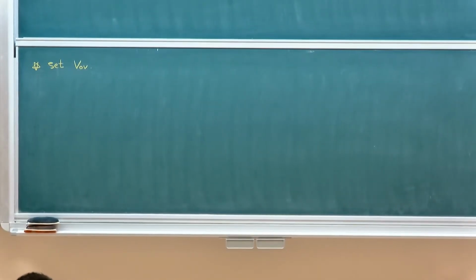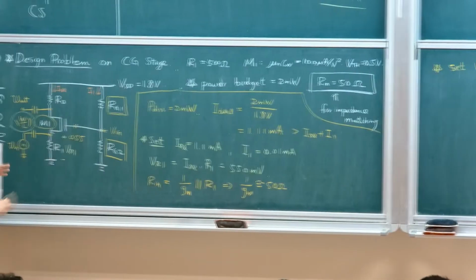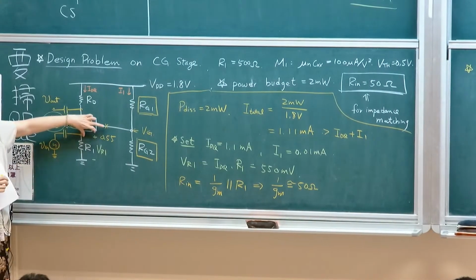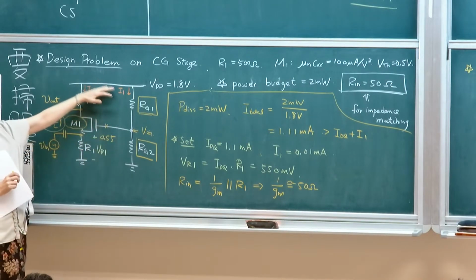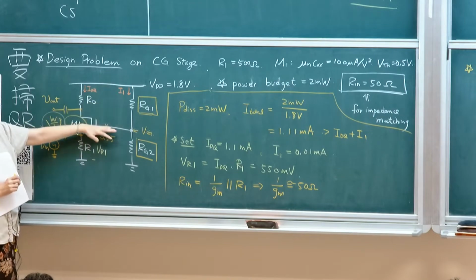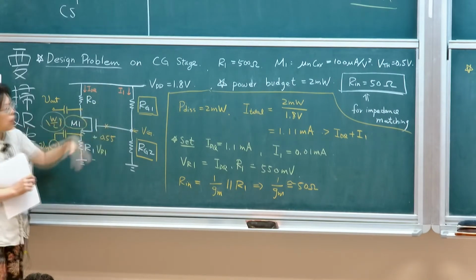You can set your own overdrive depending on the biasing condition. We already know that this is 0.55. So you should design where your VG should be, determined by the overall scope of your biasing condition. I know that my overall voltage is 1.8 volts, so somewhere in the middle would be good.